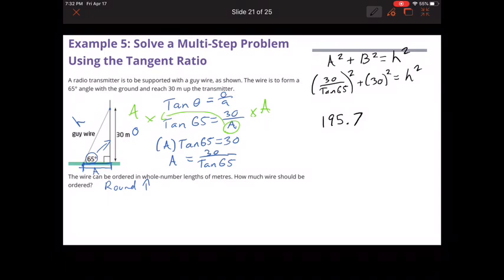And I'm getting approximately, so now we're talking approximate lengths. So h squared is approximately all of that plus 900. 30 squared is 900.